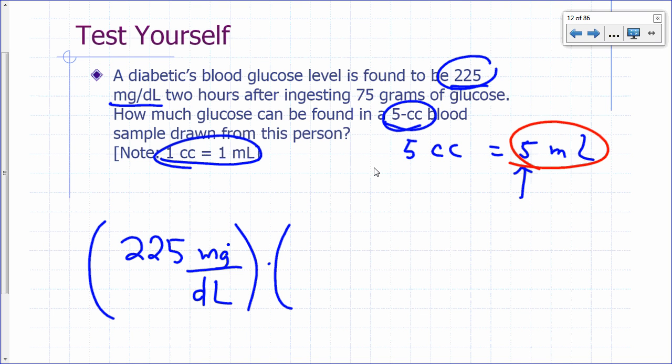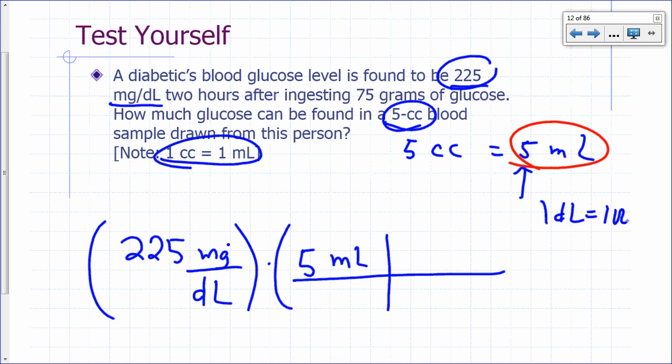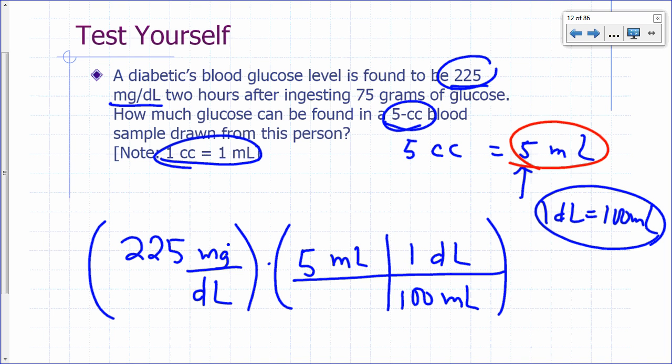So you can say 5 milliliters. I'll change that to deciliter. How do I change milliliters to deciliter? Remember, a deciliter is 100 mils, right? So 1 deciliter is 100 mils, right there. Okay, so milliliters will cancel out, and deciliters will cancel out. That gives you your answer.